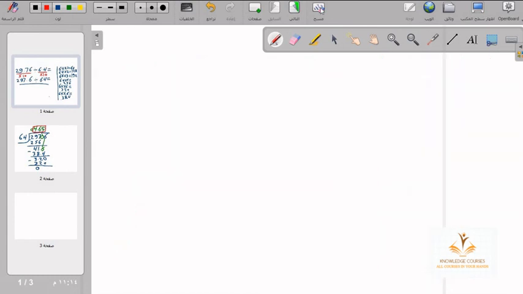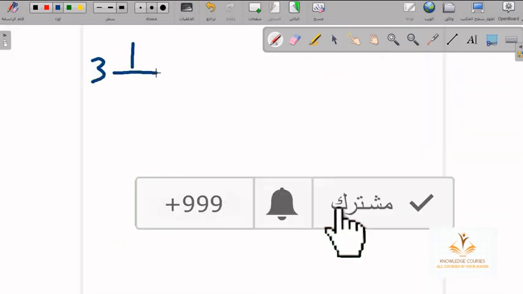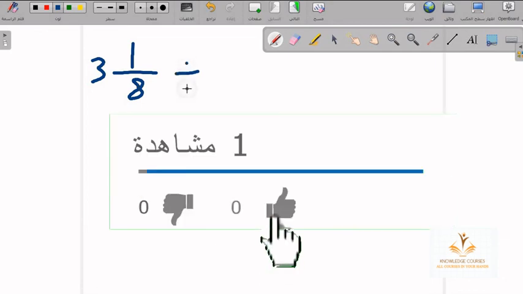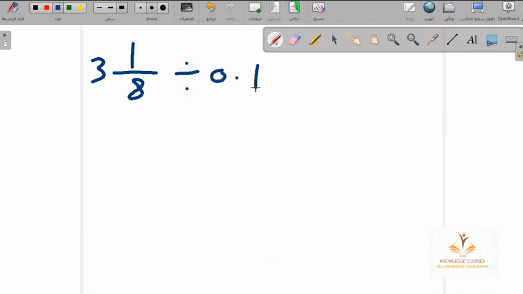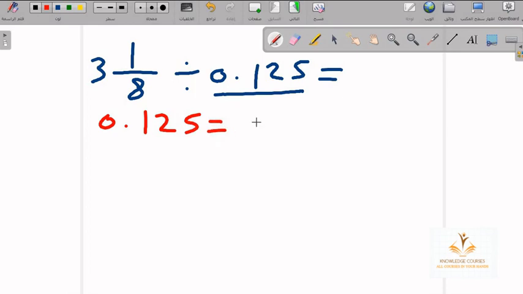Last example: 3 and 1 over 8 divide 0.125 equals. We know 0.125 is equal to 1 over 8.